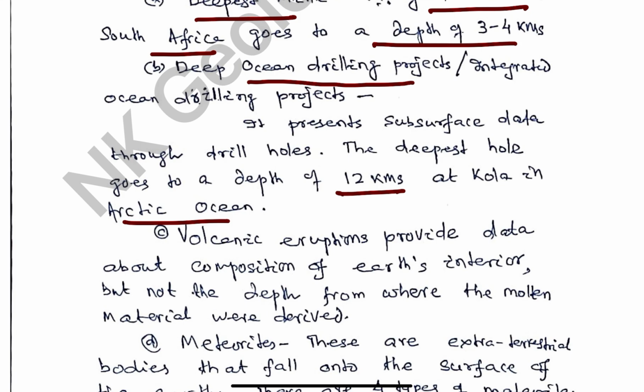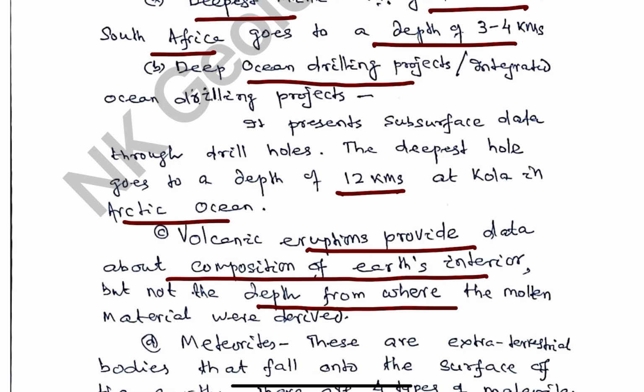Similarly, volcanic eruptions provide data about the composition of the earth's interior because magma from the earth's interior is coming up to the surface of the earth and is accessible to our study. But in that case, we cannot be sure with regard to the depth from which that material is being pulled.